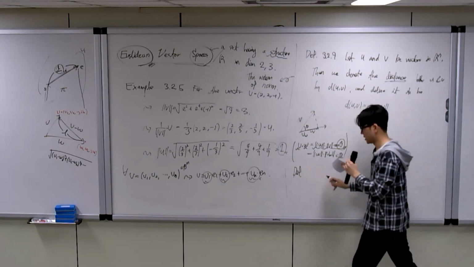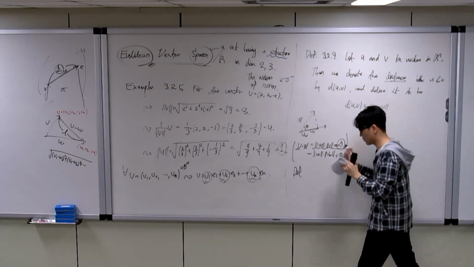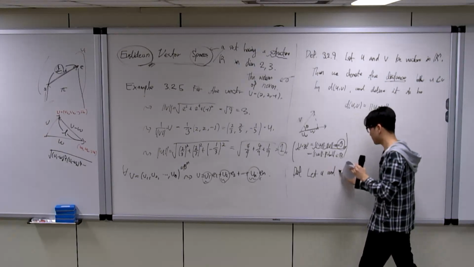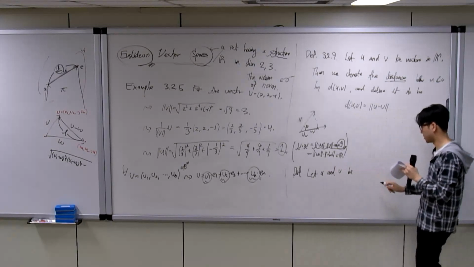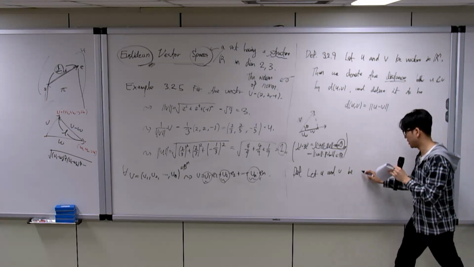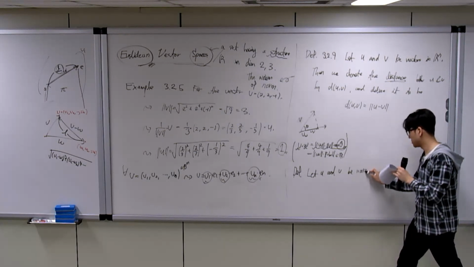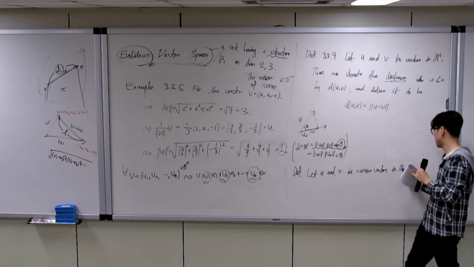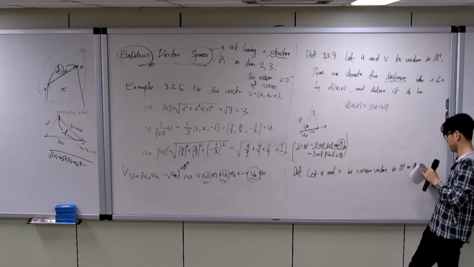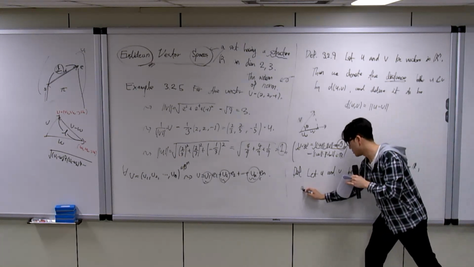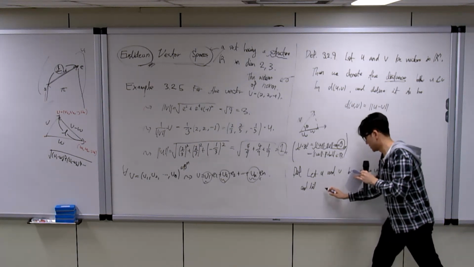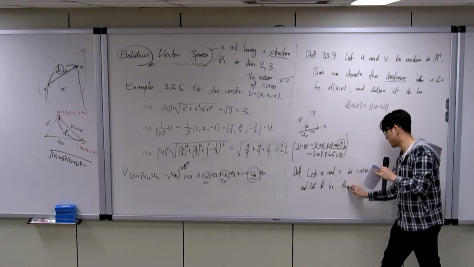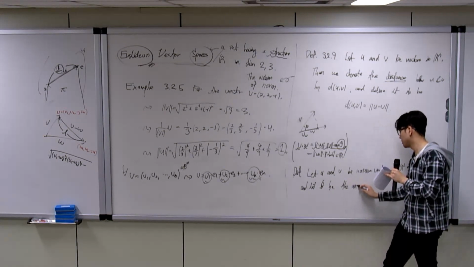So in R2 or R3 space, let u and v be non-zero vectors, and let theta be the angle between u and v.